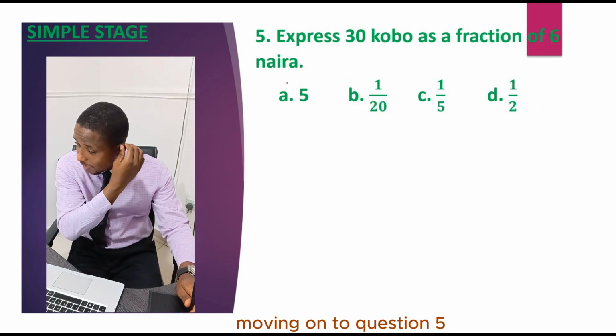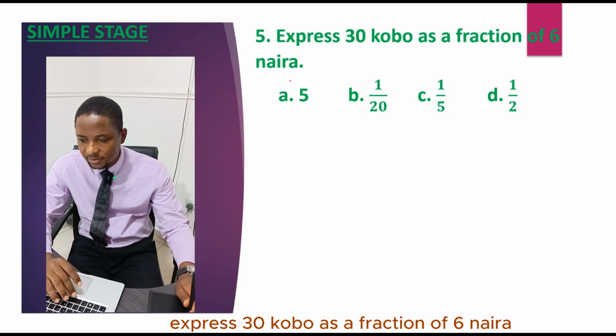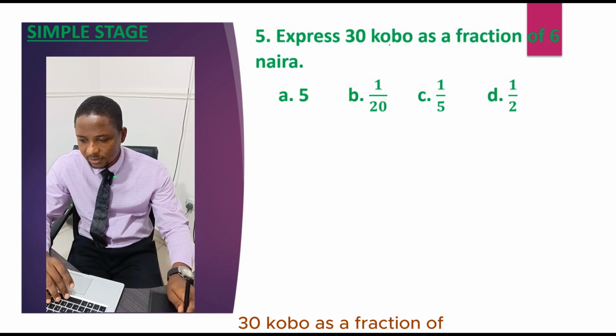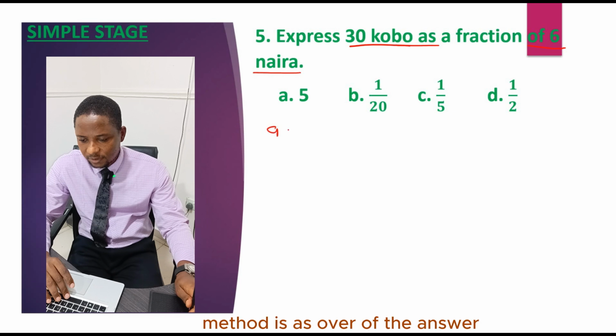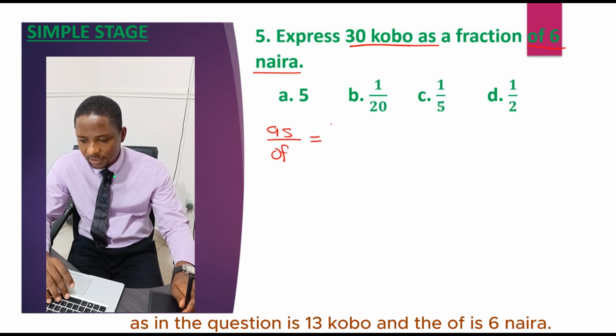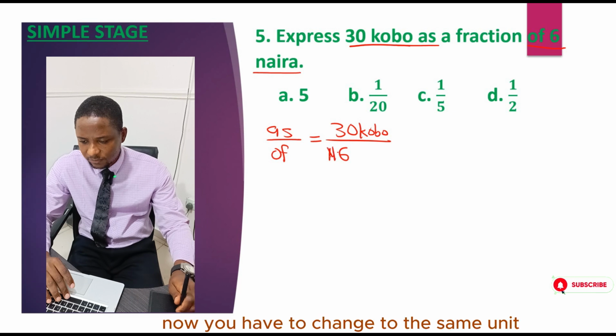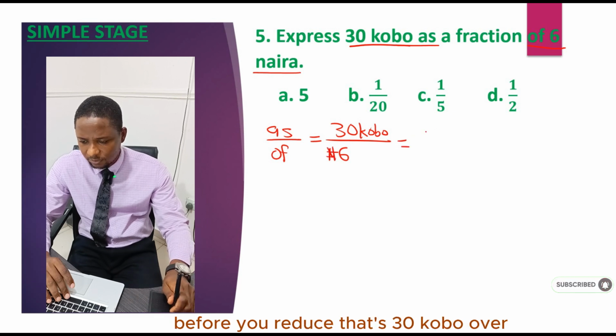Moving on to question 5. Express 30 kobo as a fraction of 6 naira. The method is as over of. The as in the question is 30 kobo and the of is 6 naira. Now you have to change to the same unit before you reduce.